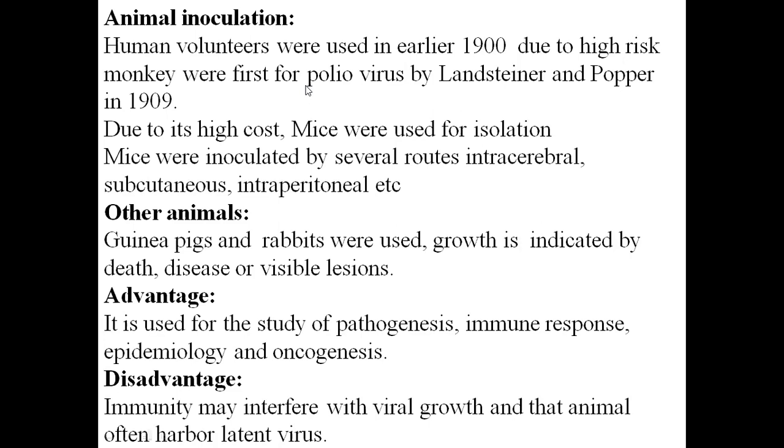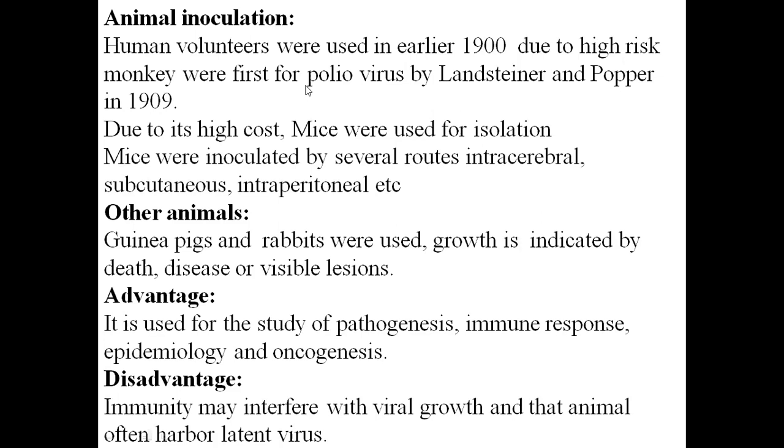Due to the high risk of using human volunteers, monkeys were used for polio viruses by Landsteiner and Popper in 1909. But as it was also very costly, mice were used for isolation.